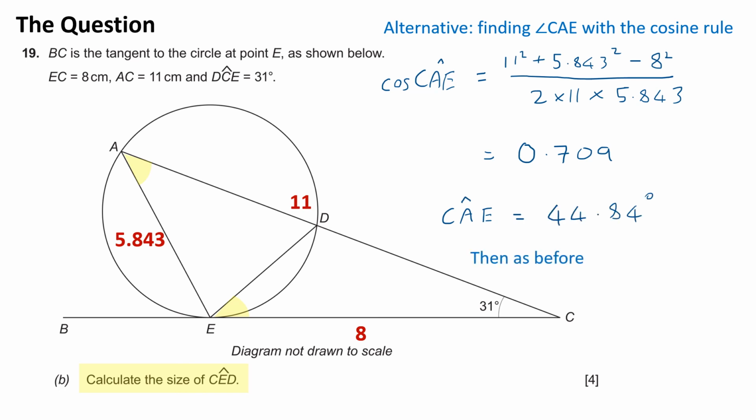And the rest is going to be the same as we did previously. Using the alternate segment theorem, CED is 44.84, so we'd perhaps state that. And then finally, we also check plausibility if we're doing it this way as well. Great. Well done. We're done.